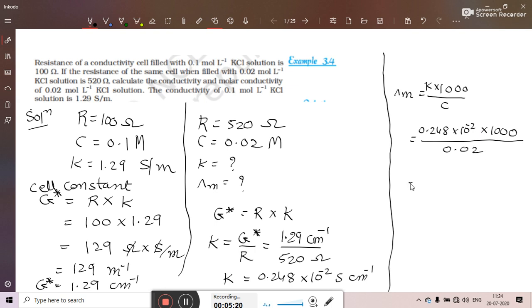So that will be equal to 124, and the unit of lambda m is Siemens centimeter square mole inverse. So this is the answer of lambda m, that is 124 Siemens centimeter square mole inverse.